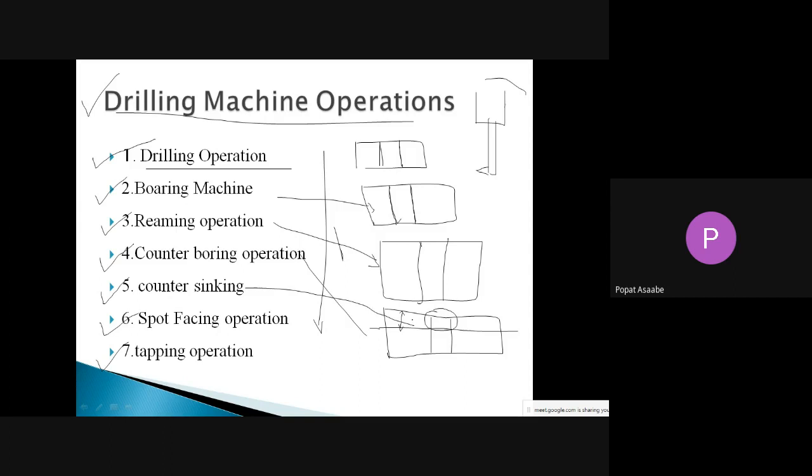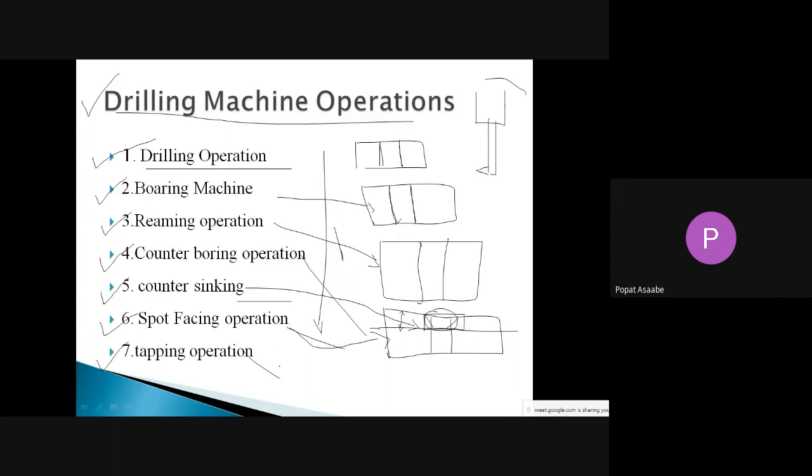Suppose that enlargement is conical, it is called counter sinking. And when the enlargement is square type, it is called the spot facing operation.